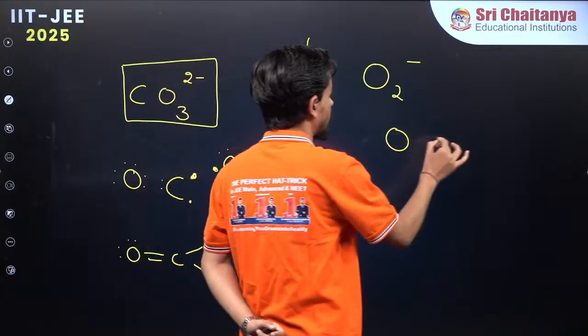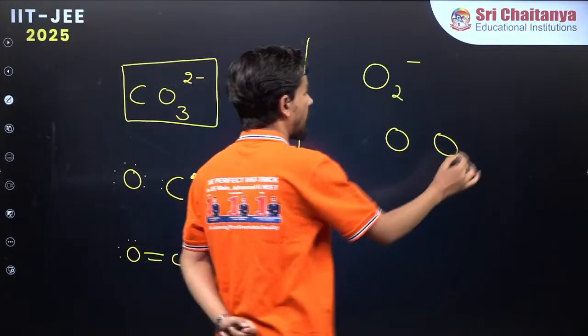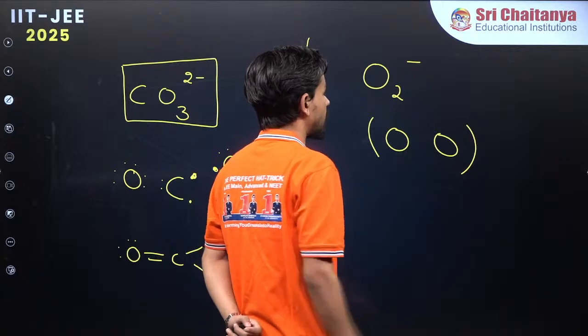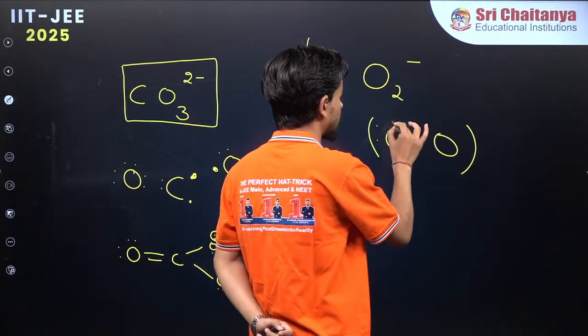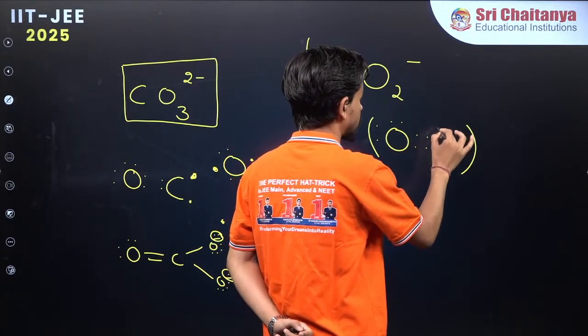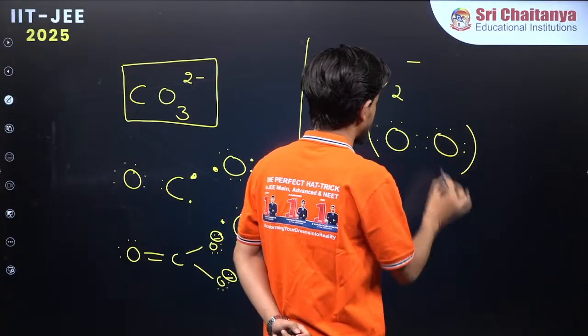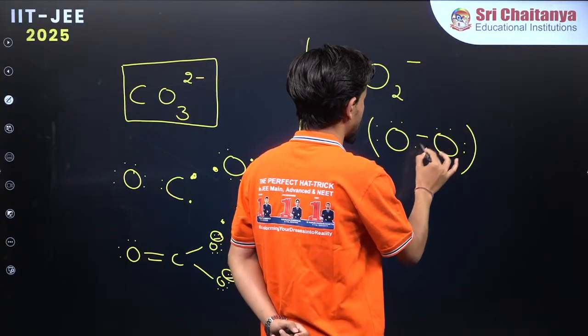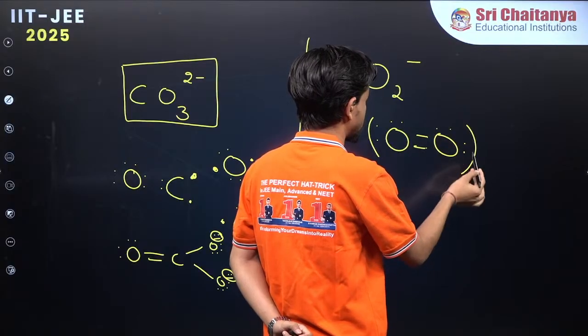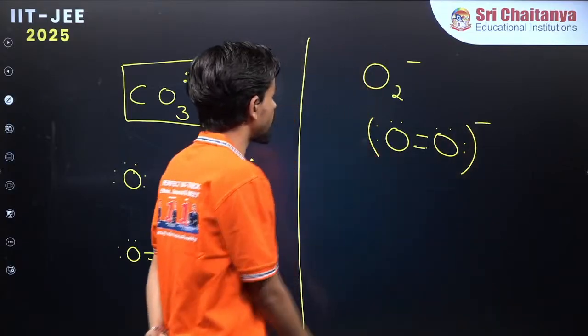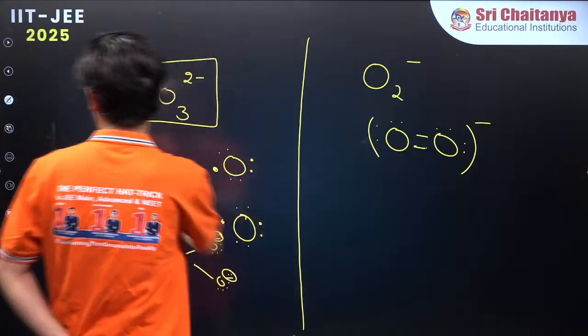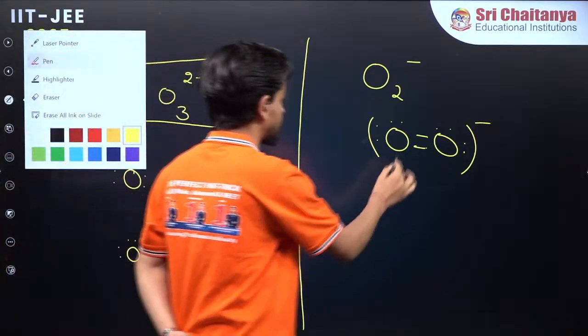It is O and O, and one negative is there, one atom having an extra electron, negative.